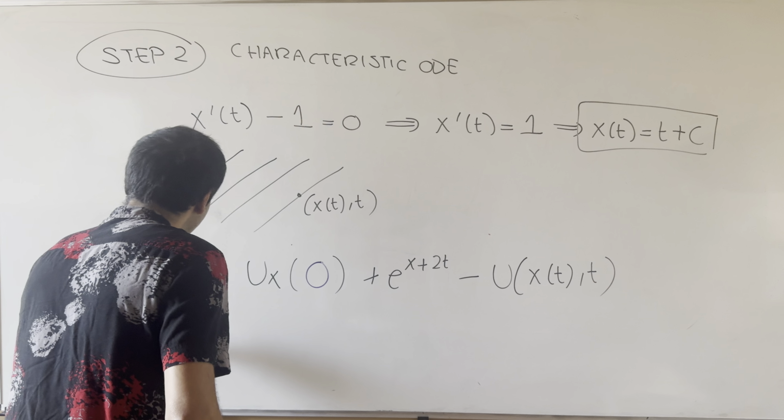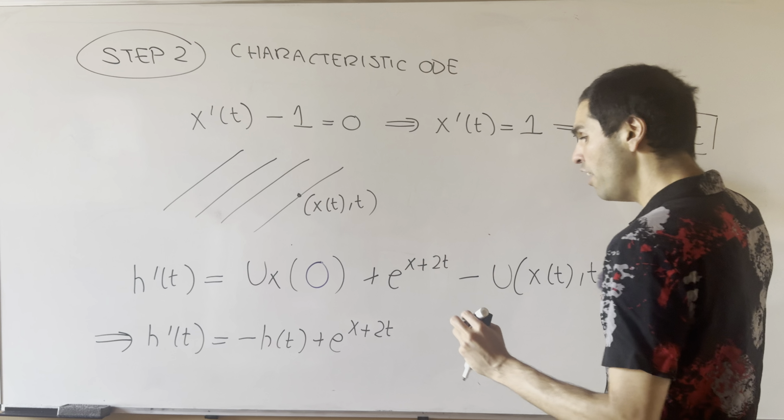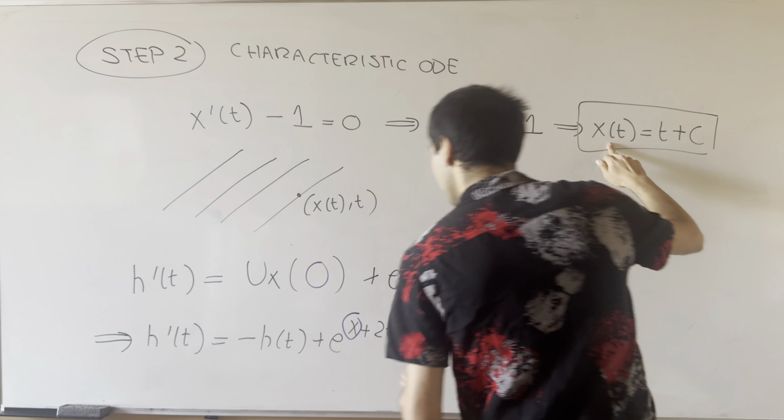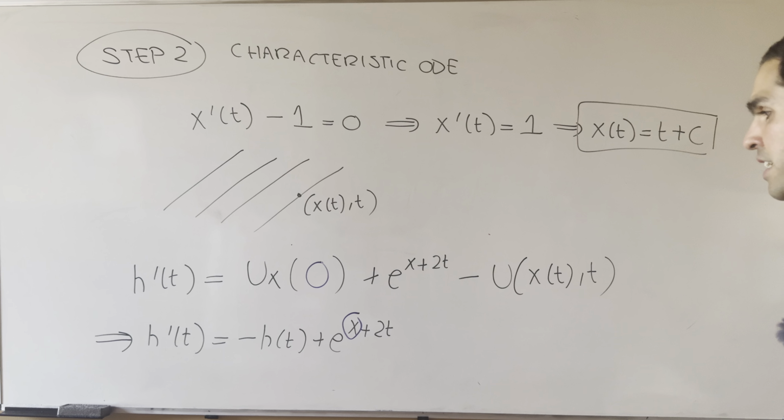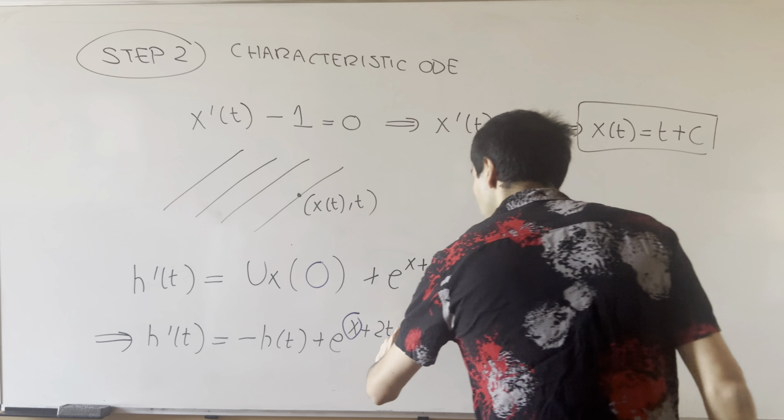That's already very good, but we can simplify this even further because remember, we have a formula for x. So x is t plus c, so this now becomes minus h(t) plus e^((t+c)+2t). And in particular, now we get a much simpler ODE for h.